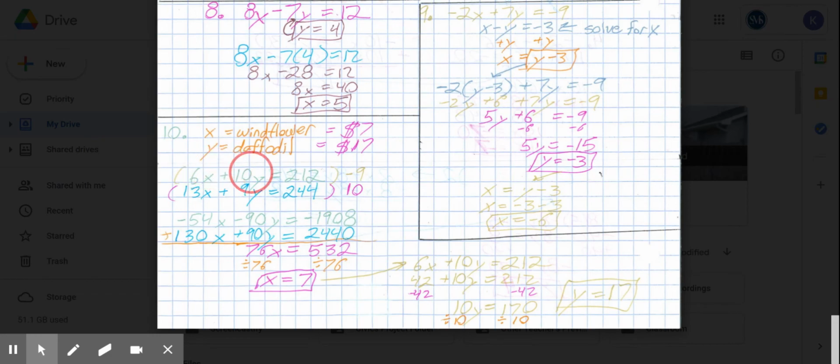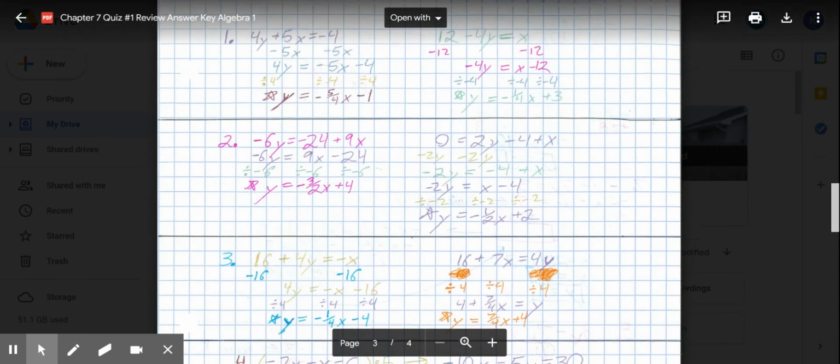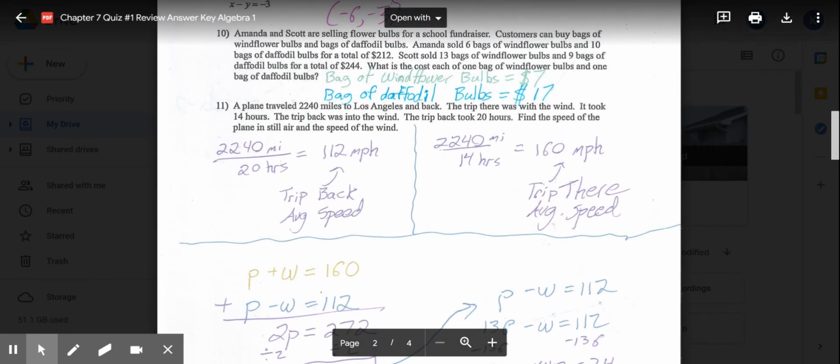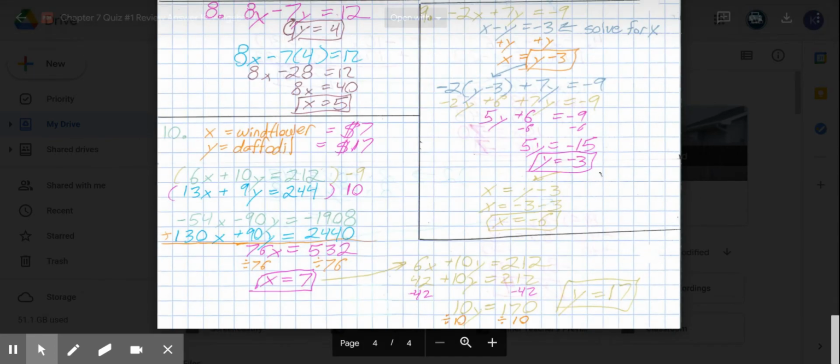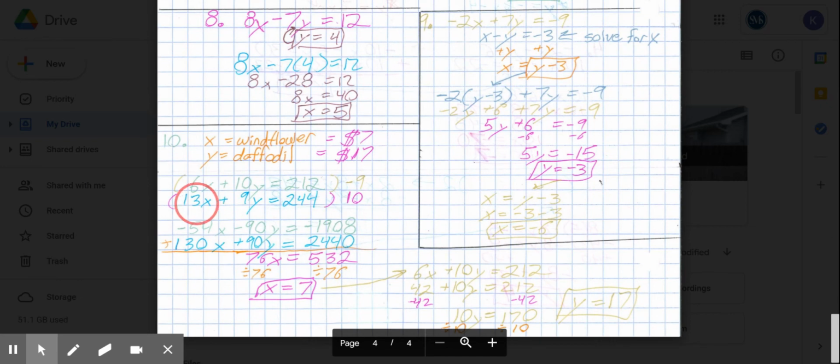So 6x plus 10y equals 212. Then our other person, whose name escapes me, Scott, sold 13 windflower bulb bags and 9 daffodil bags for $244. So 13x plus 9y equals 244. Those are our two original equations.